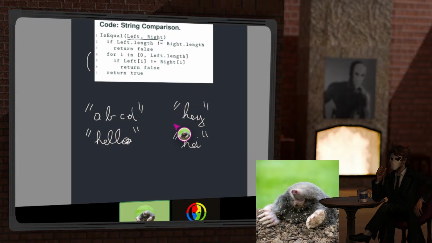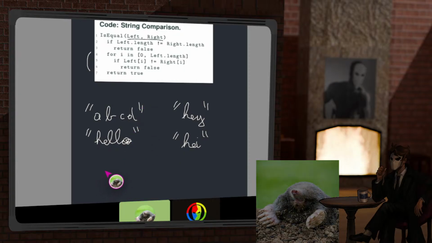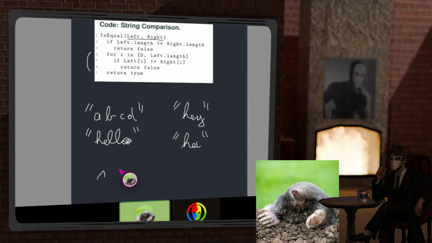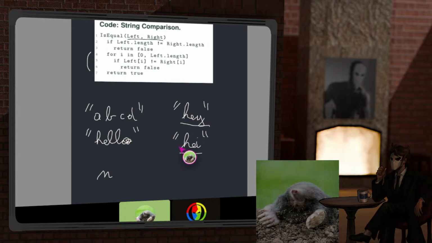Now, what would the worst case analysis have to say about this? If we have inputs of length n, then the worst case is exactly like here. Everything is equal until the last character, for example.